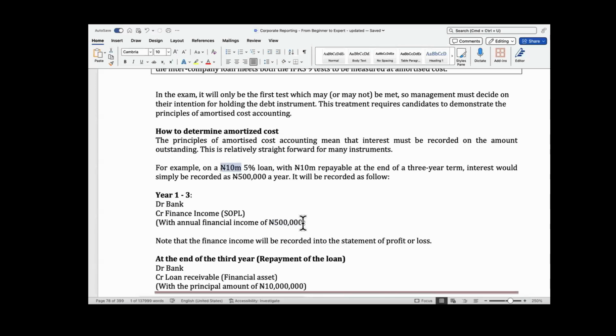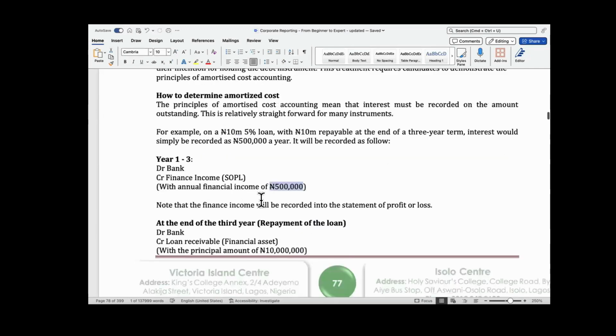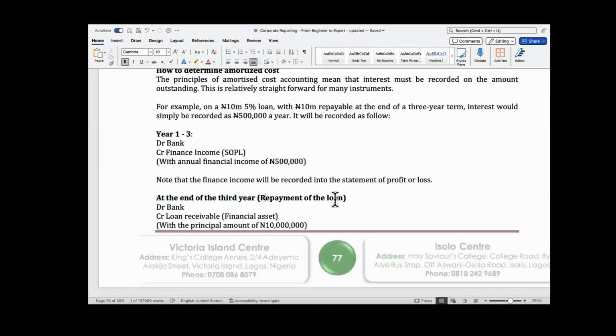If I'm making 500,000 per annum, I will have made 1.5 million over the 3 years. At the end of the 3rd year, they will pay me my 10 million, so I will simply debit bank and credit loan receivable with the principal amount of 10 million. And the transaction ends there. Okay, so this is a simple one.